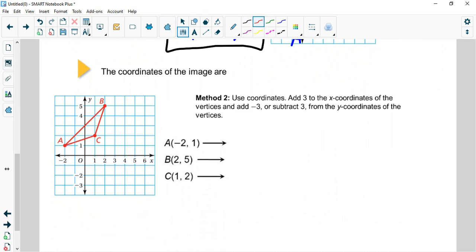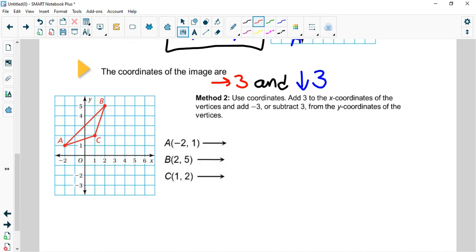In method 2, we are still trying to do the same problem, where they told us to count to the right 3 and down 3. Now, something to think about is whenever you are counting to the right on a graph, your numbers are getting bigger. In fact, they are getting more positive.